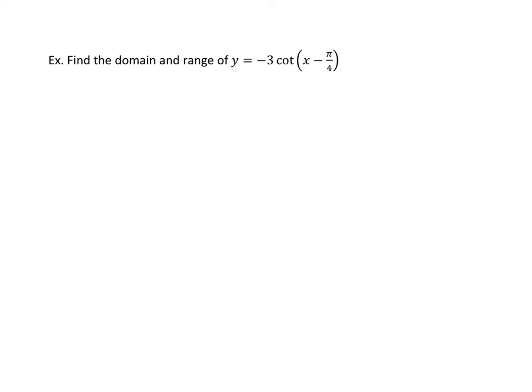Okay, find the domain of a cotangent function. I know it's got squiggles. This one I'm probably going to have to graph a little bit more than I did for the cosine. Alright, it's cotangent, so it starts at 0 unless I have a shift, and I do. My shift is going right, pi over 4. So instead of starting at 0, I'm going to start at pi over 4.